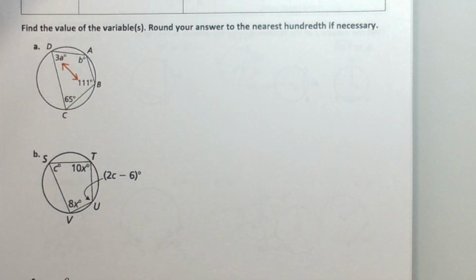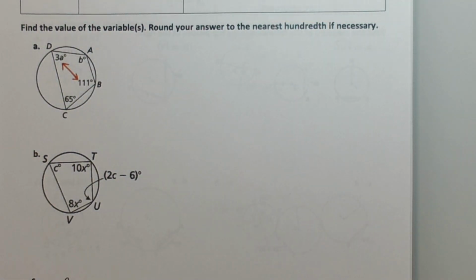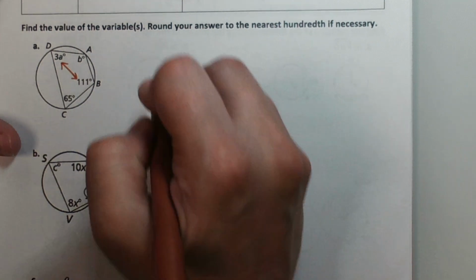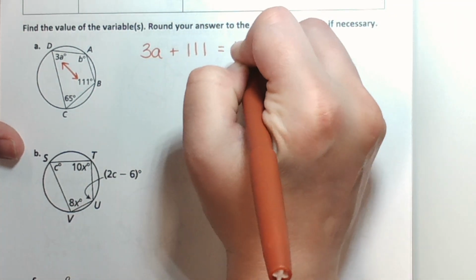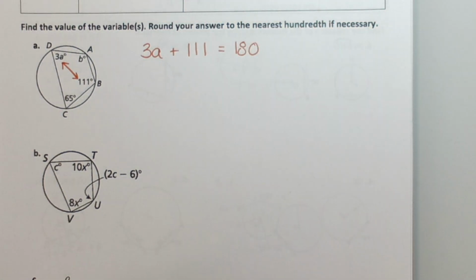And those two, since they are opposite, will add up to 180. 3A plus 111 equals 180. Elena, walk me through solving that. Subtracting 111.